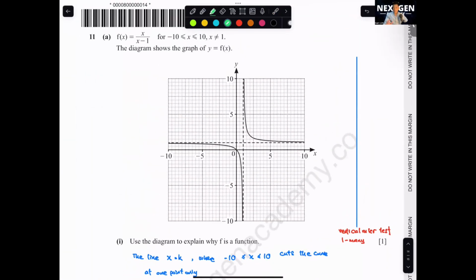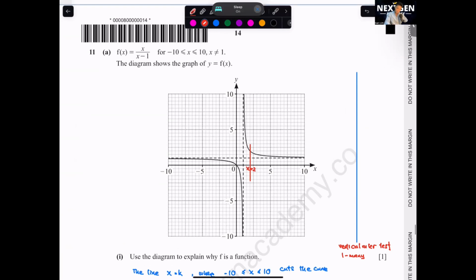Okay, when x is equal to 2, where exactly is it? x equals 2. So 1, 2. Means they want us to find from this point onwards. Okay, x equals 2. It means we want to see from this point of the graph until infinity.